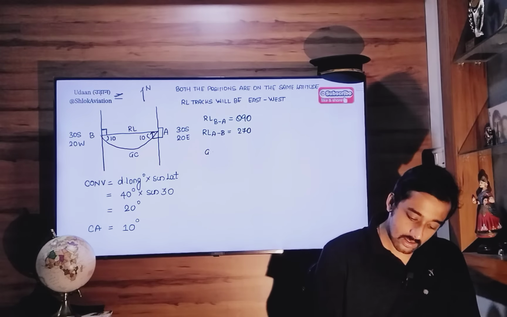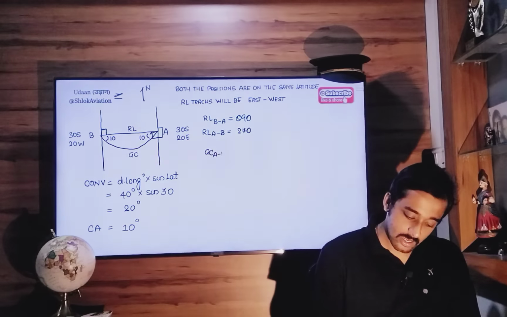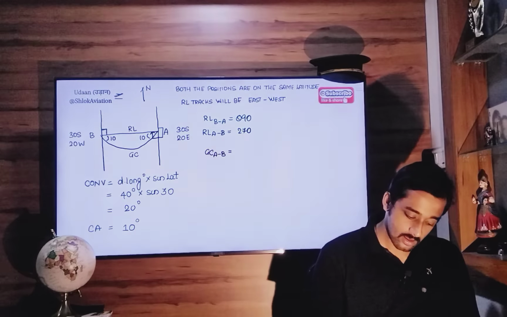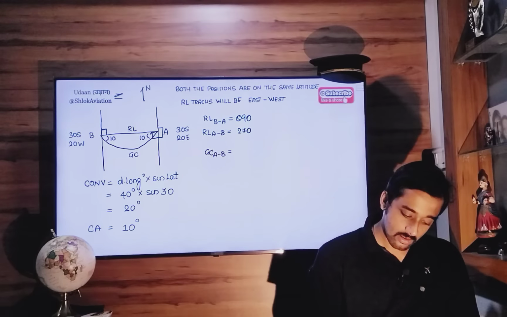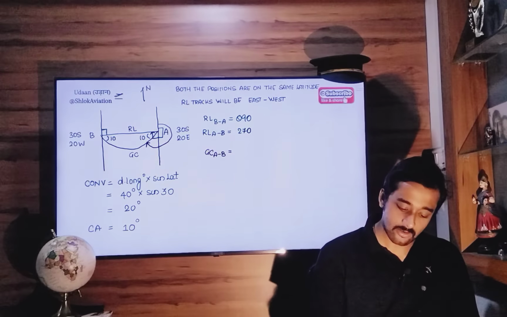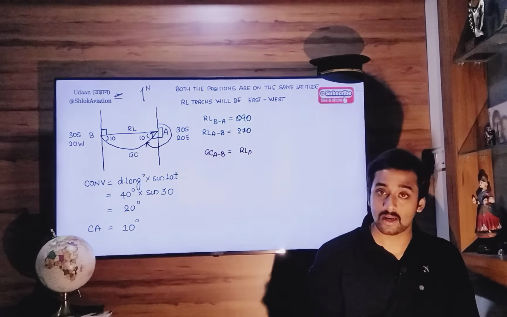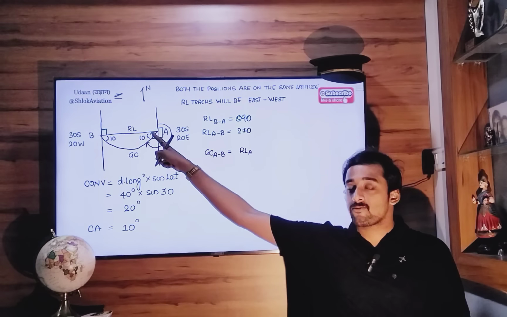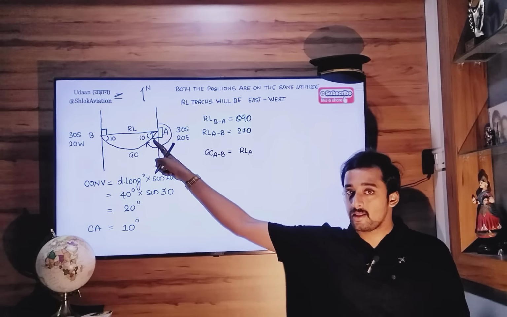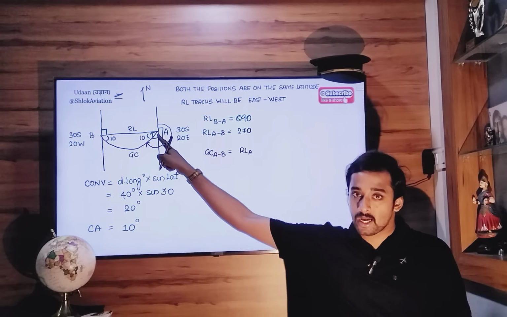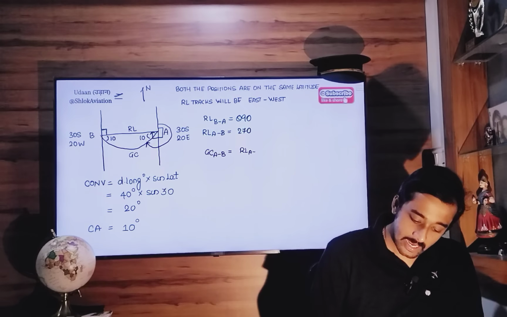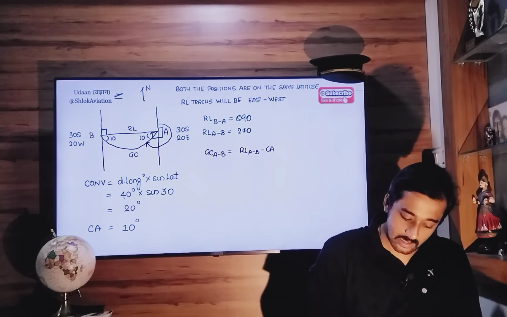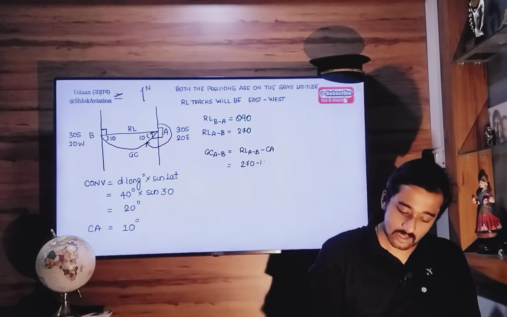Great circle A to B will be this much. That will be rhumb line A to B. The rhumb line is the bigger angle, this much. So we will have to subtract the convergency angle from this bigger angle. Rhumb line A to B minus convergency angle: 270 minus 10, 260.